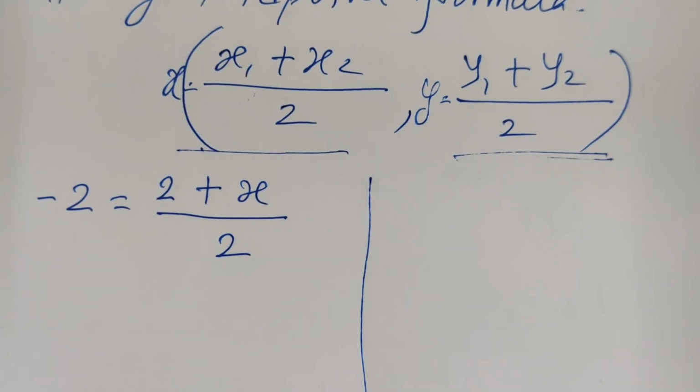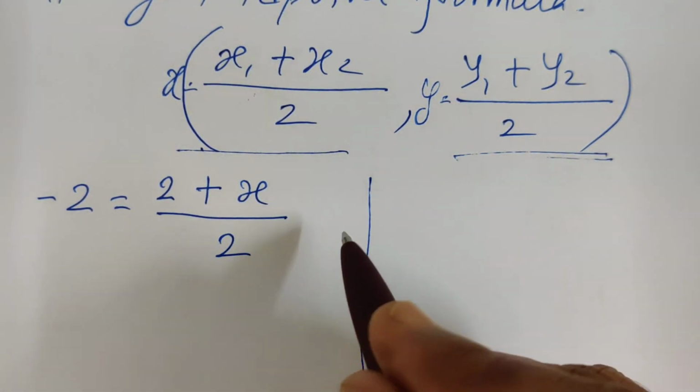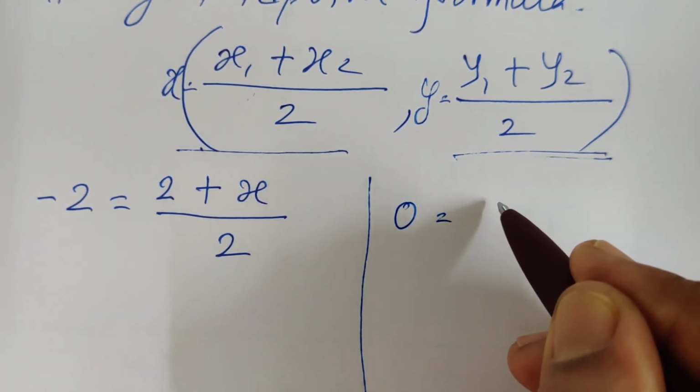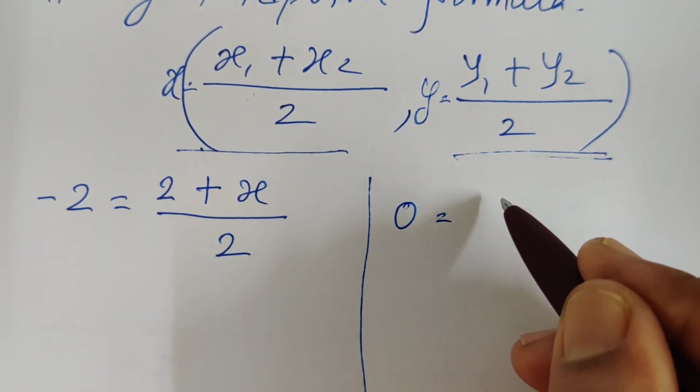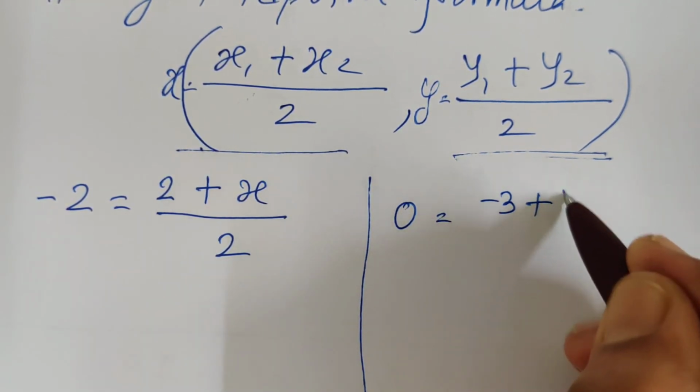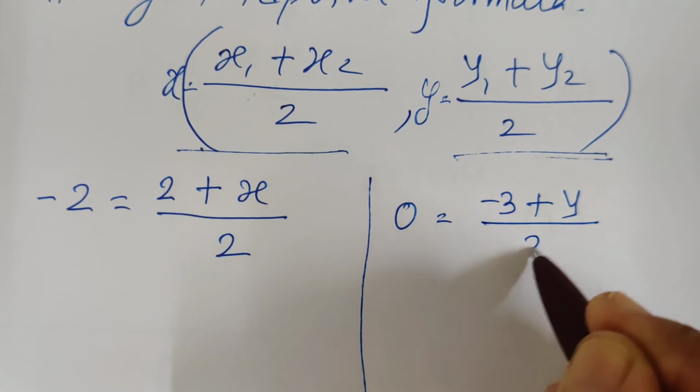Similarly, simultaneously we will find y also. y is 0 equal to (y1 is -3 plus y2 is only y) upon 2.